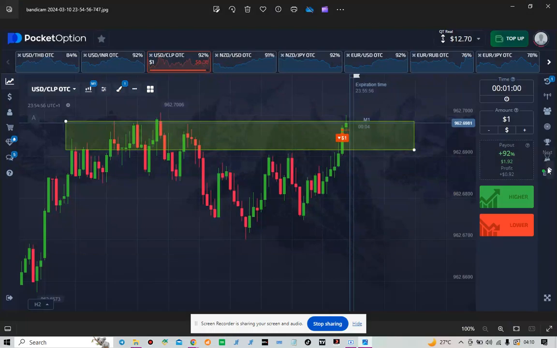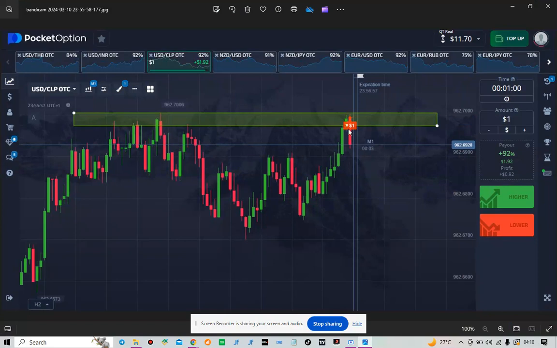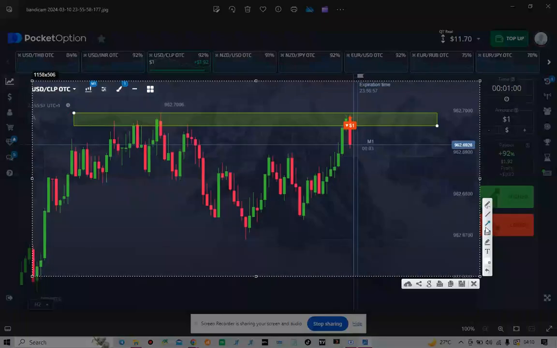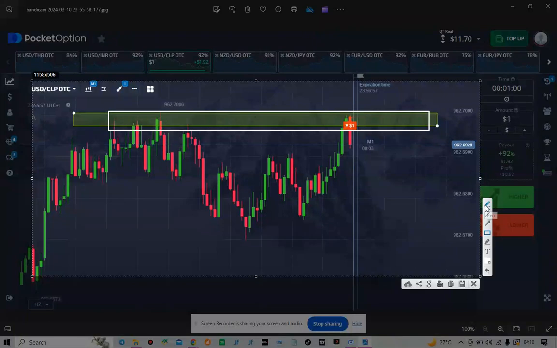I think that was actually the next trade, so I took the trade again. You can see from the resistance zone, the market reverses, because from here to here the price closed inside the zone with a rejection. That is why I go with sellers on the next candle.